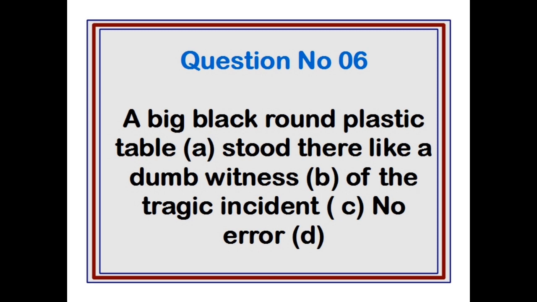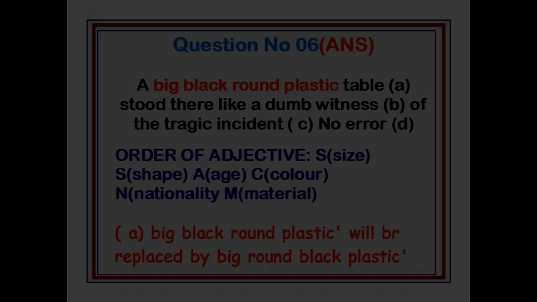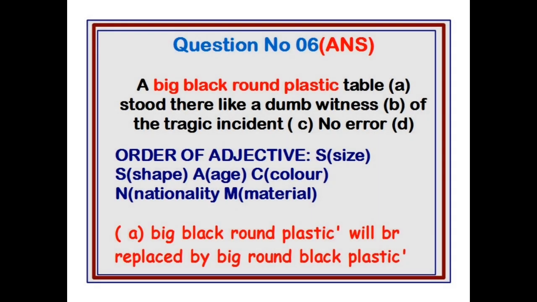Generally, adjectives are put in order in this format: S, S, A, C, N, M. Here, S stands for size, the second S stands for shape, A for age, C for color, N for nationality, M for material, and then noun.